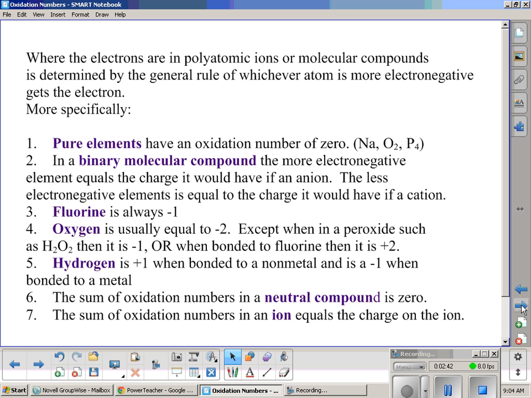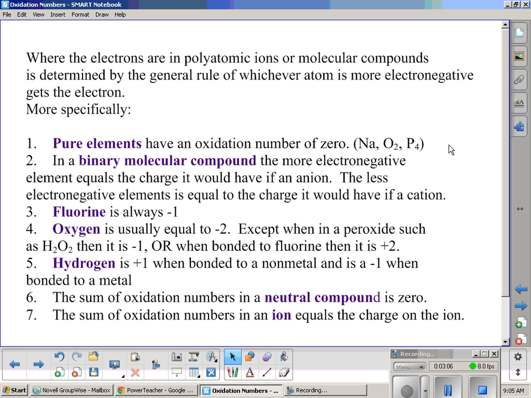Here are some rules that you may want to commit to memory or write down as you go through compounds and practice these. After a little while, you're just going to start to know some of these. Okay, where electrons are in polyatomic ions or molecular compounds is determined by the general rule of whichever is more electronegative gets the electrons. So here are the rules.